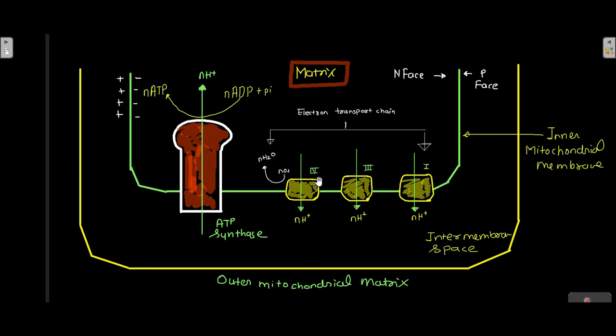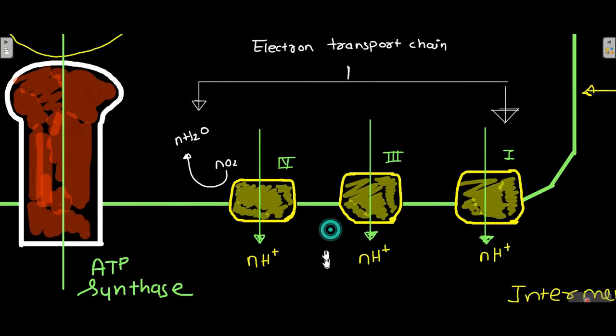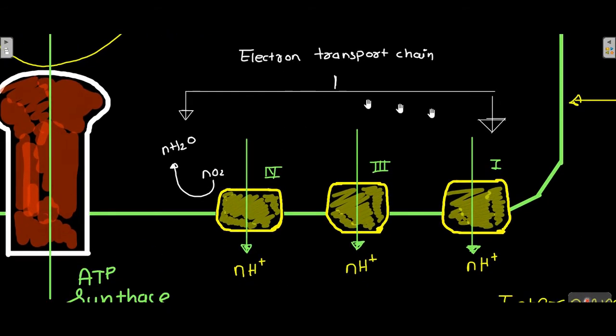So this is how oxidative phosphorylation looks for ATP synthesis. This is the electron transport chain, with complex 1, complex 3 and complex 4. When electron transport takes place through this chain, water is formed.